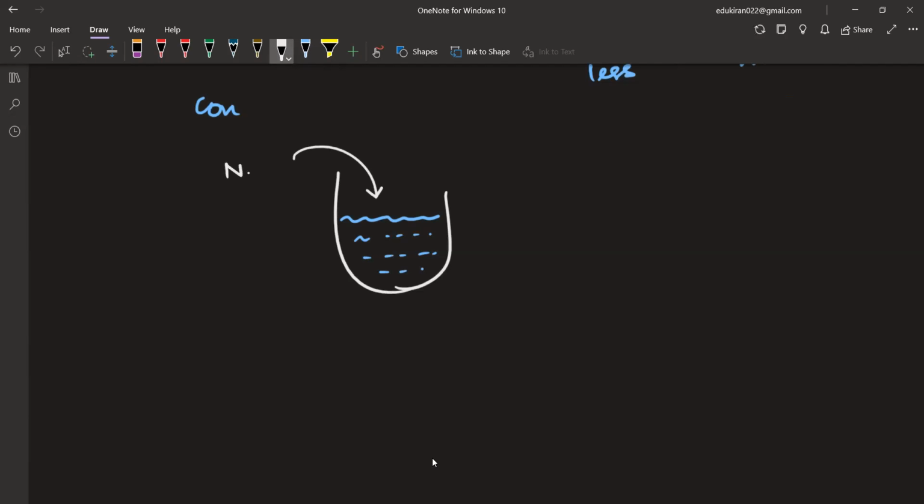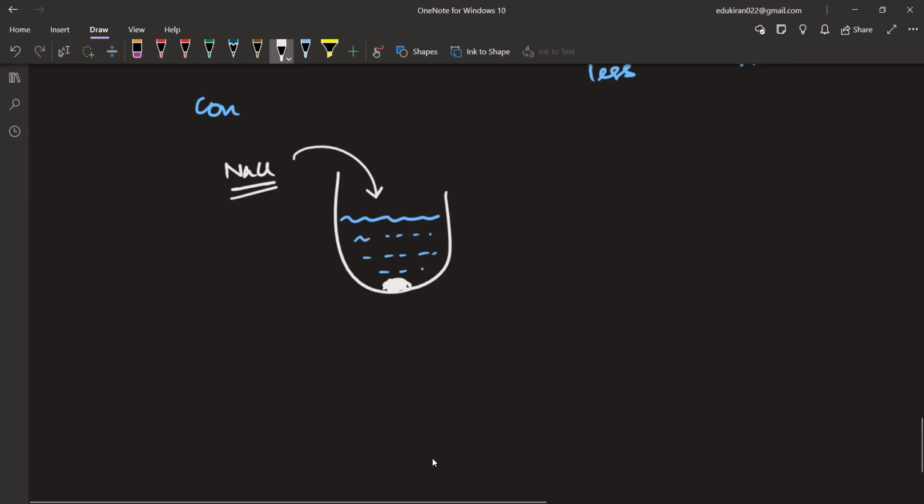If I keep adding NaCl, then water will dissolve some NaCl. Then again it will dissolve some NaCl. Again it will dissolve some NaCl, right? But there will be some point where what will happen? NaCl will be saturated and you will see some NaCl which is undissolved.